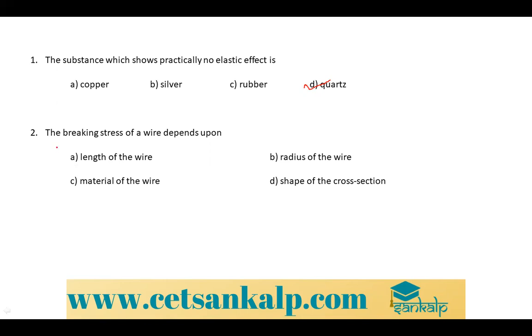The only thing is it tells about the material of the wire. Why? Because copper, silver, right? So whatever the type of material of the wire, based on this the breaking stress of wire depends. Okay, fine.